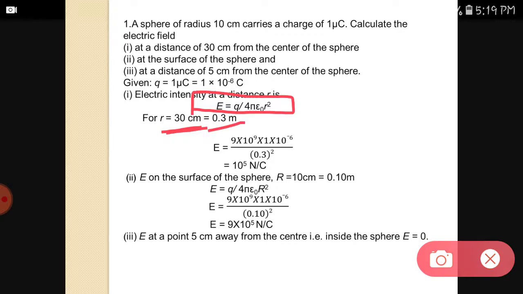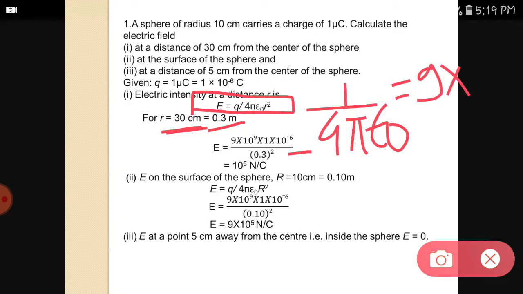By substituting all the values inside the formula, we get 9 into 10 to the power 9 as the value for 1 by 4 pi epsilon 0. So 9 into 10 raised to 9 into Q, which is 1 into 10 to the power minus 6, divided by 0.3 bracket square.